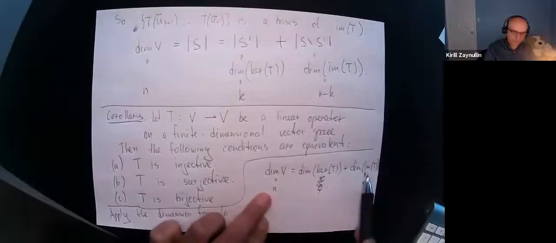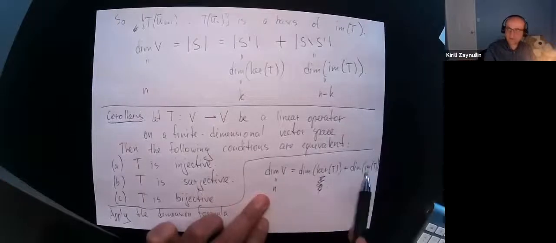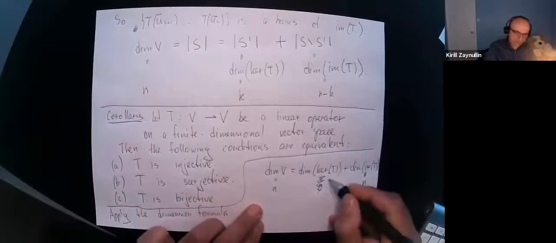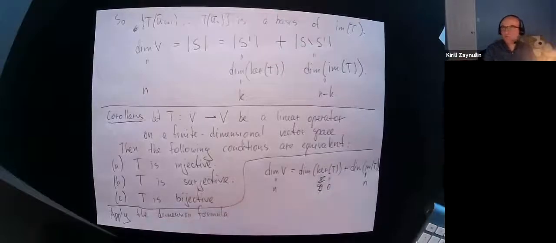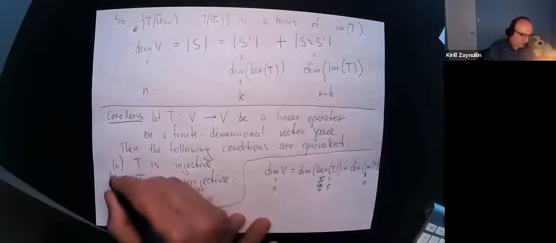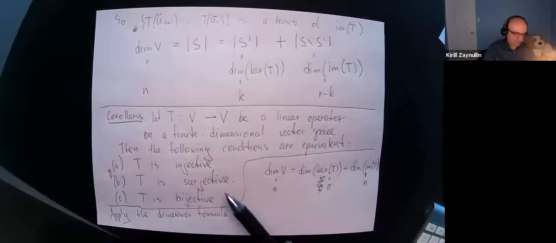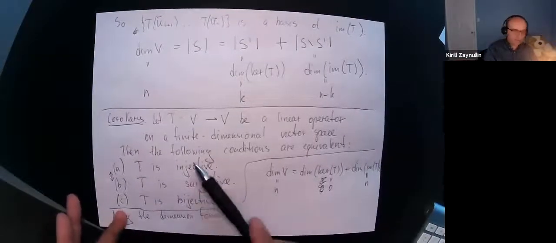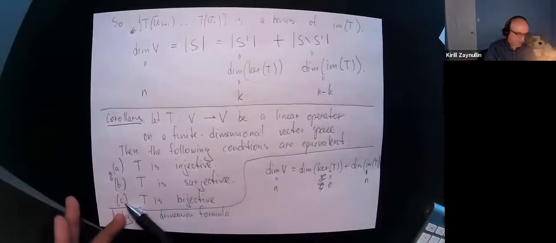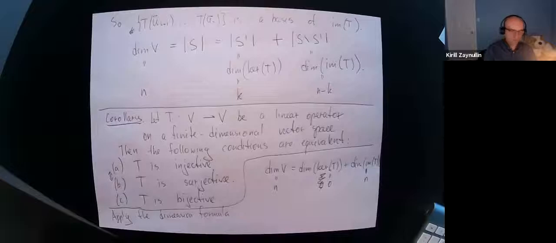So this number is just n itself, and of course the difference n minus n gives you zero here, meaning that the kernel is zero. So it means that T is injective. That's kind of clear, right? And finally, if it's both injective and surjective, then of course it's bijective. So it is easy to see that A is equivalent to C and B is equivalent to C.